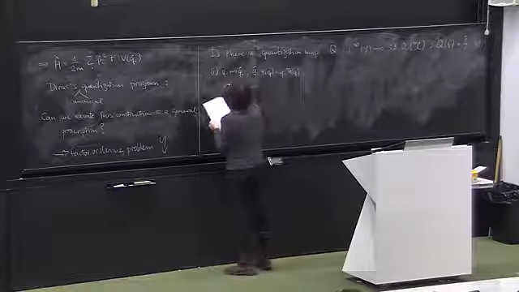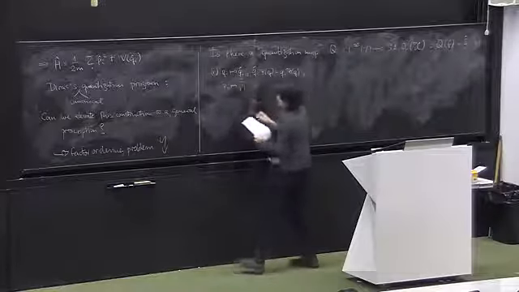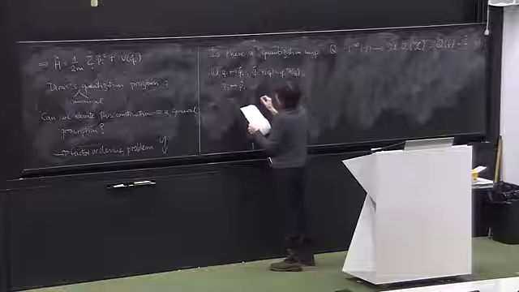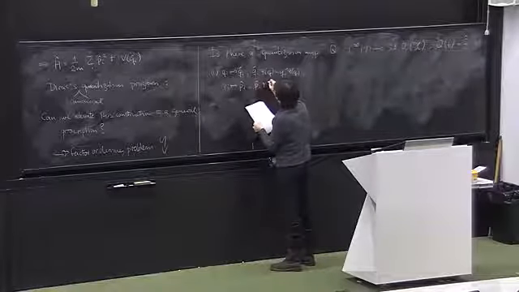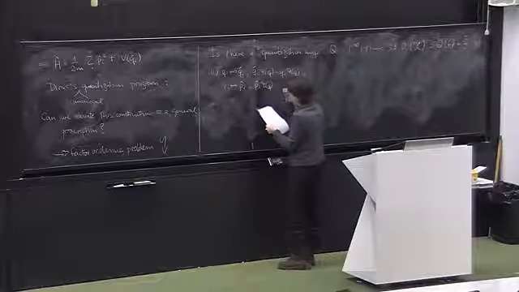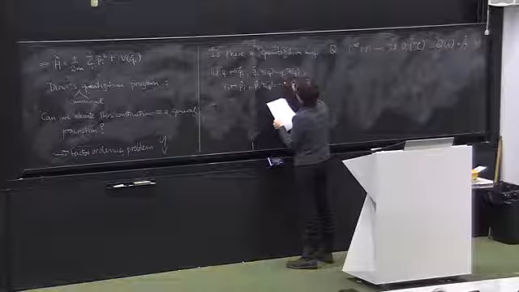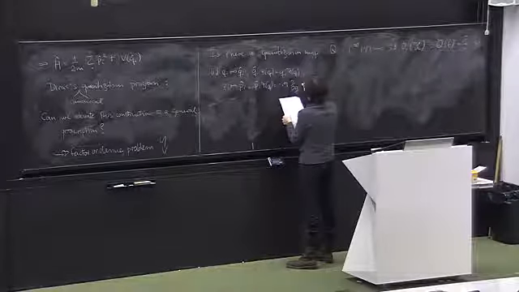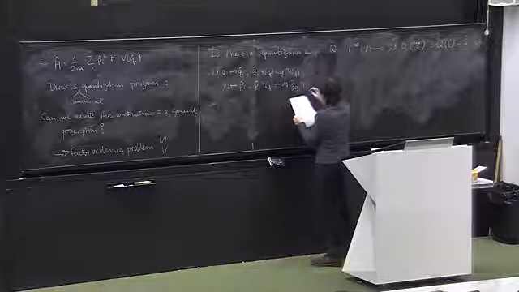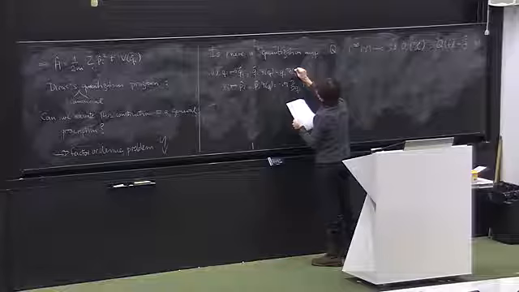For the p_i, I get an association with p_i hats, self-adjoint, which act on my square integrable wave functions, again in the usual way, as partial derivatives with respect to q_i of my wave functions.